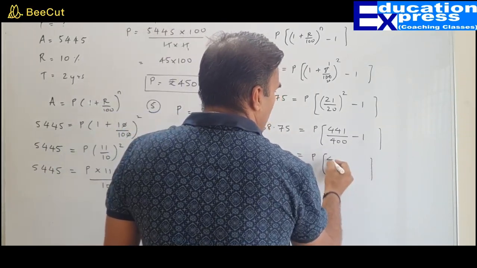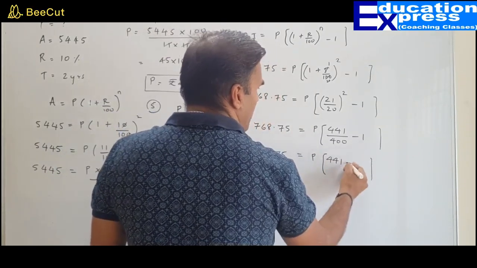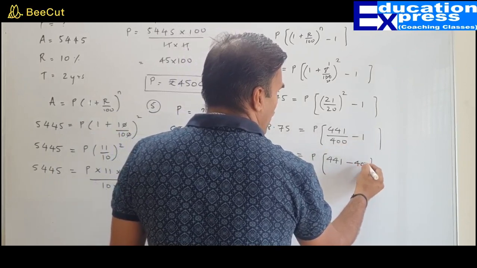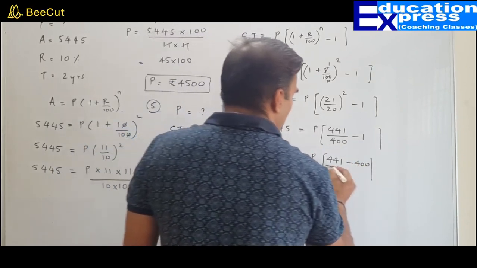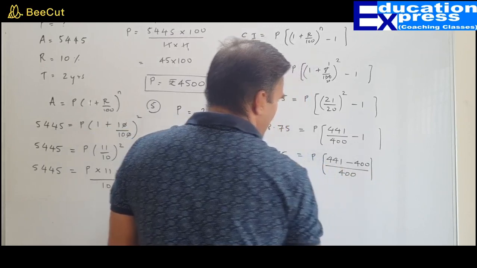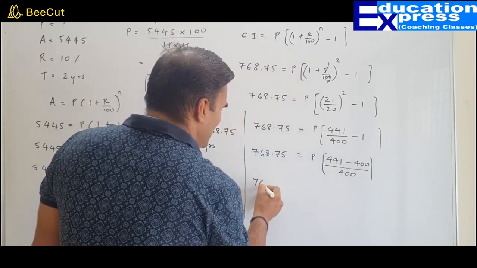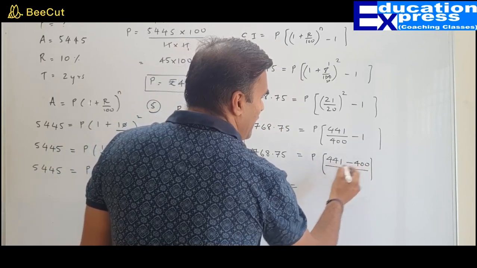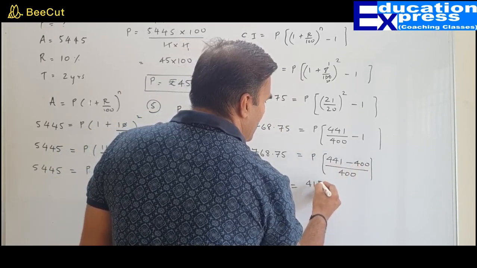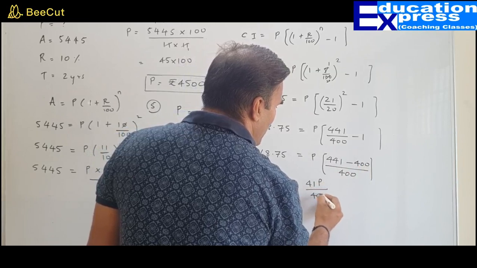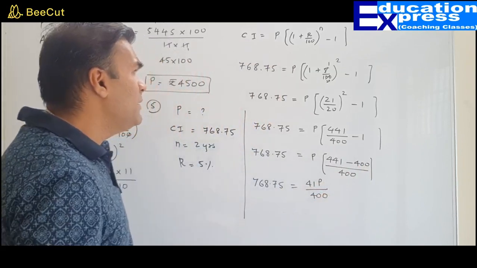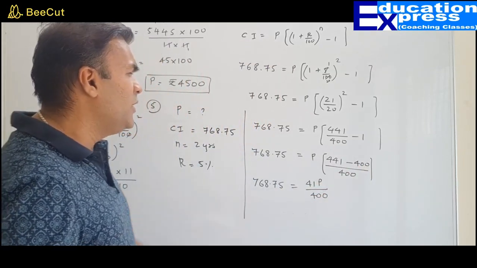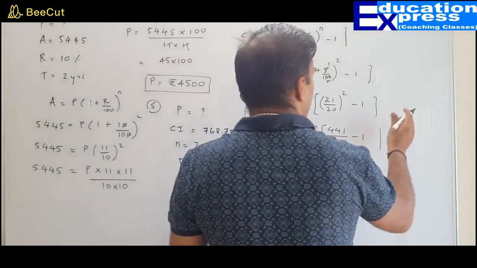P times 441 minus 400 upon 400. How do we go about it? 768.75 equals 441 minus 400, so 41P upon 400. Now this becomes a very simple calculation for students going to standard 9. Very simple.